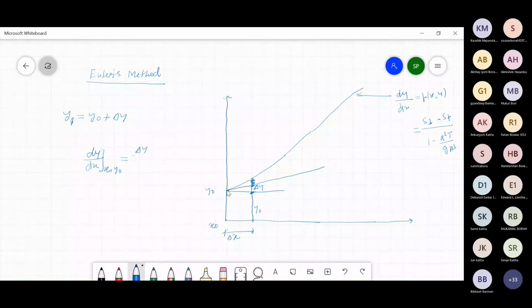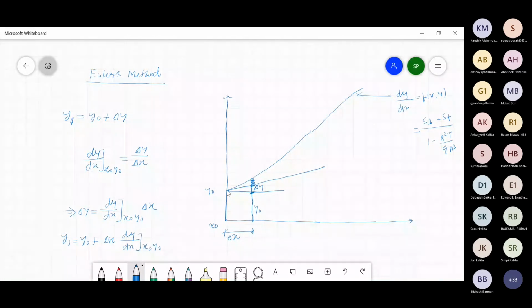Delta y by delta x. So delta y is equal to dy by dx at x0, y0 into delta x. So y1 is equal to y0 plus delta x into dy by dx at x0, y0.